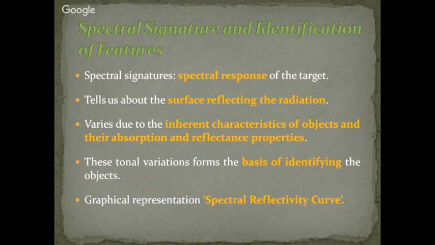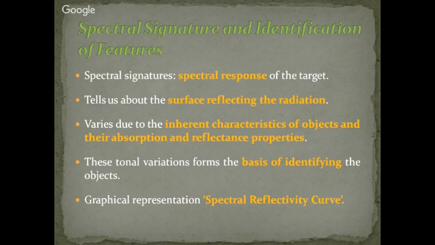Any surface, depending upon its physical and chemical properties, reacts differently to incoming solar radiation. By analyzing these spectral signatures, we can identify various surfaces and features, and differentiate between similar looking surfaces based on their reflectance behavior.